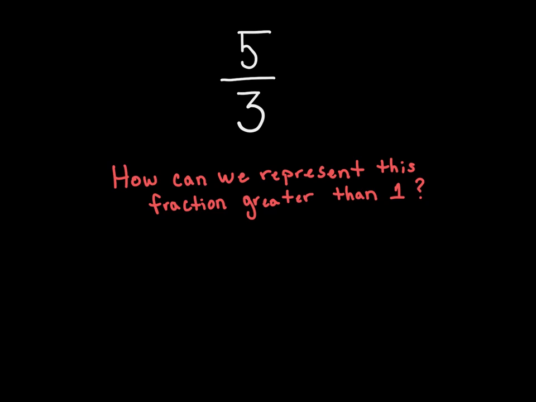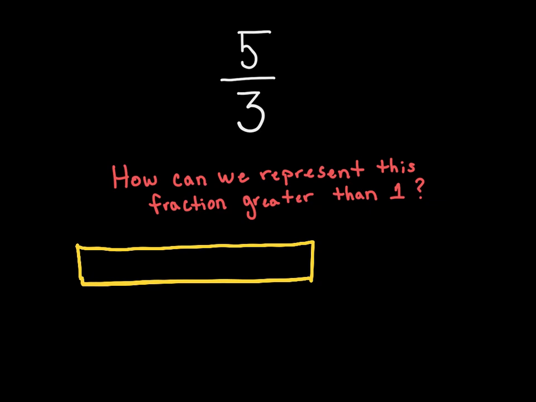All right, we have an improper fraction, or a fraction greater than 1, called 5/3. The numerator has a bigger number than the denominator. So how can we represent this fraction greater than 1? How could we show it? Well, we could show a tape diagram, and this has been cut up into 5 here. 1, 2, 3, 4, 5.